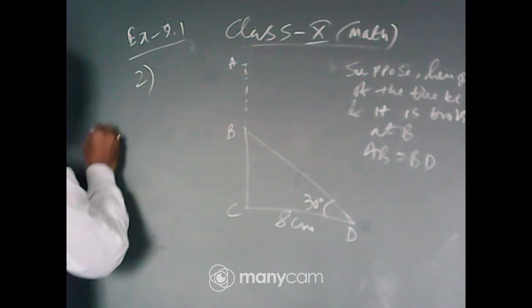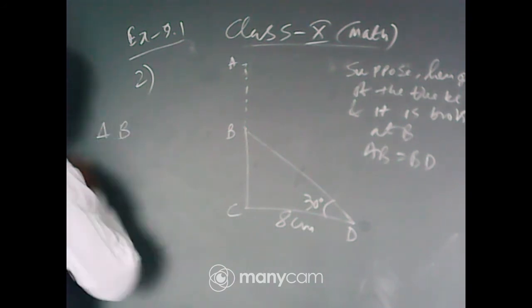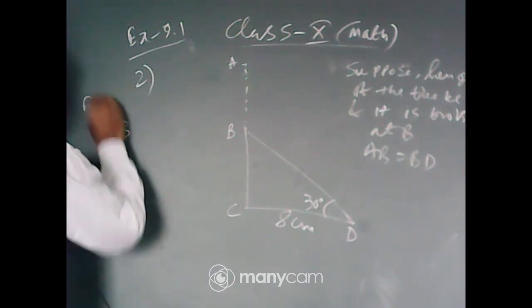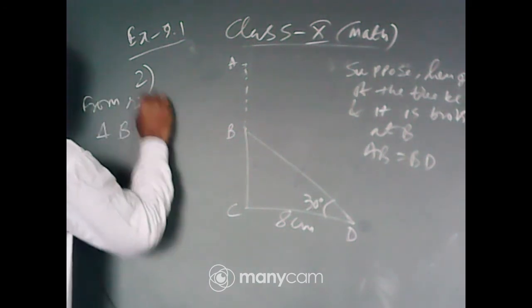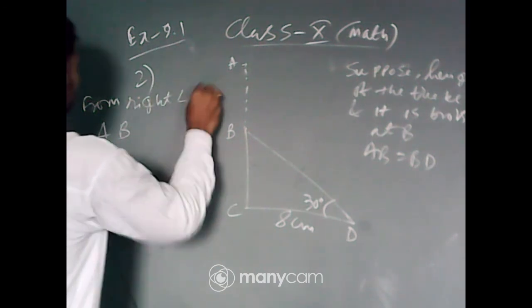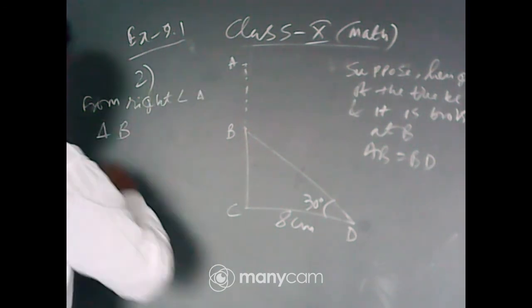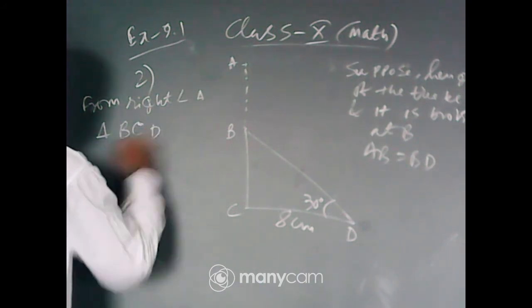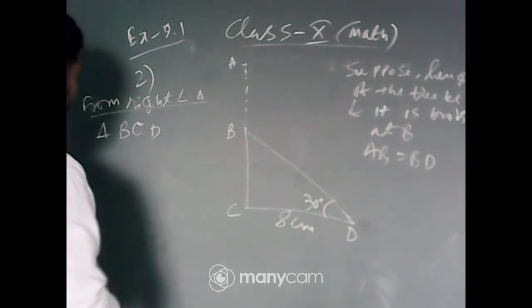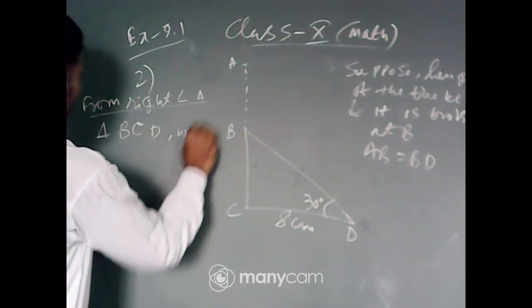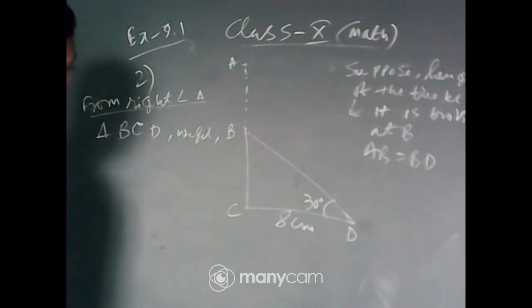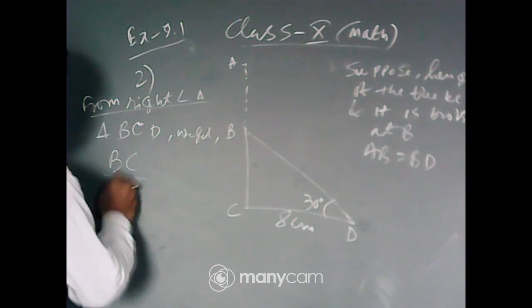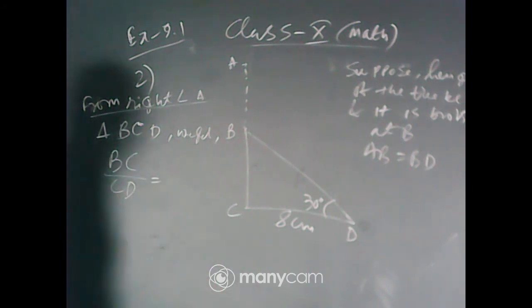So from triangle, obviously right angle triangle BCD, we get BC by CD. Which T ratio is BC by CD?